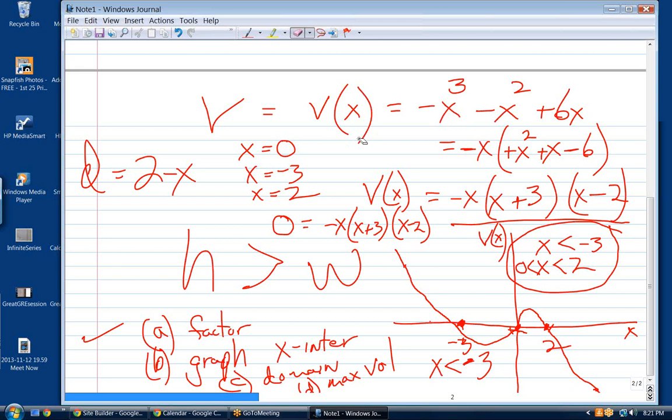It means that we have to have a positive volume. We can't deal with negative dimensions. We can deal with a negative x value, because an x of minus 4 gives you a positive volume. We're on this side of the x-axis when x is minus 4.